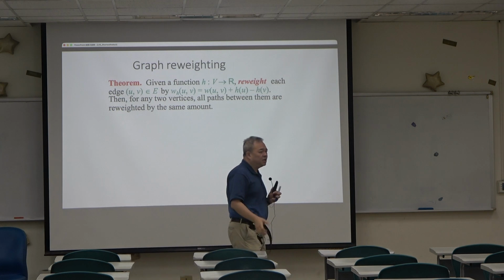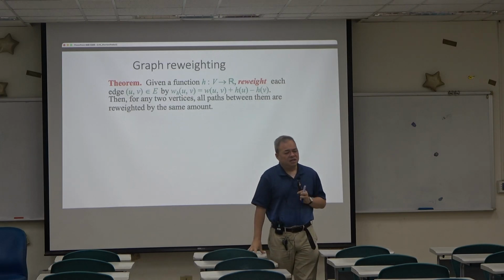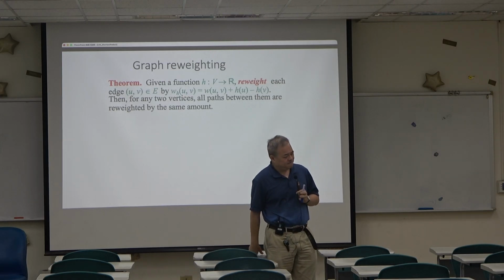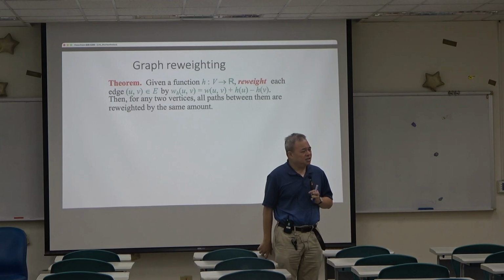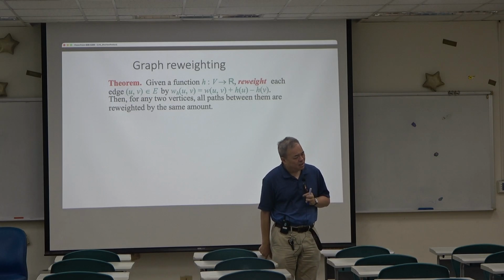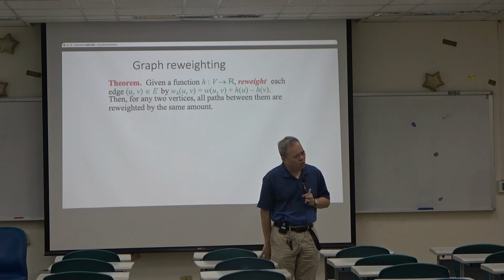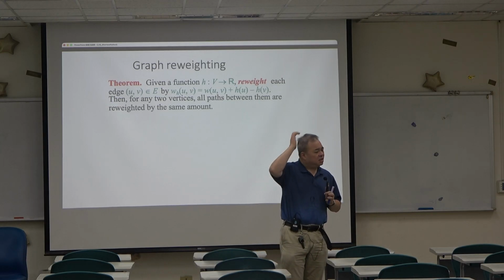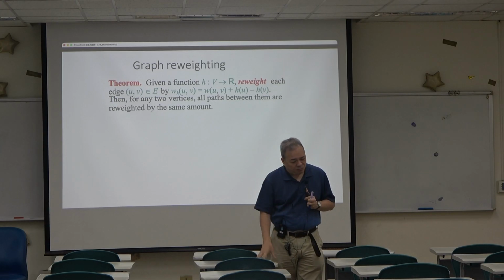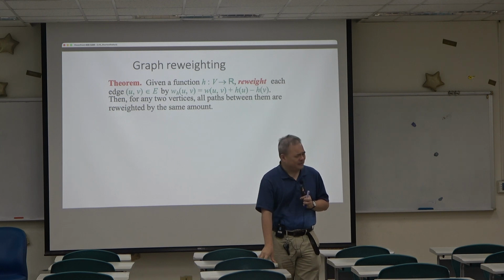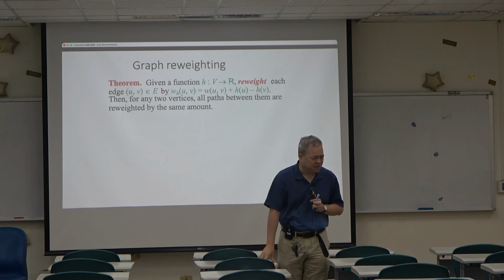We know that we can calculate a single-source shortest path by using either Dijkstra or Bellman-Ford, right? But in the all-pairs shortest path problem, the edges could have negative weight. The edges could have negative weight.